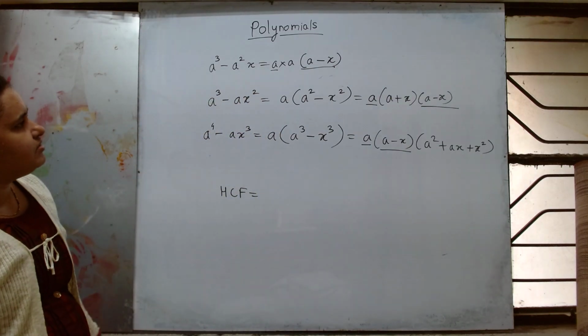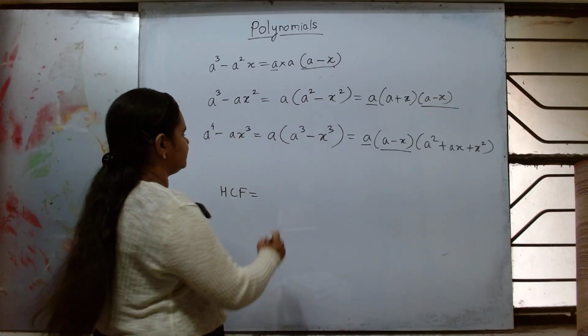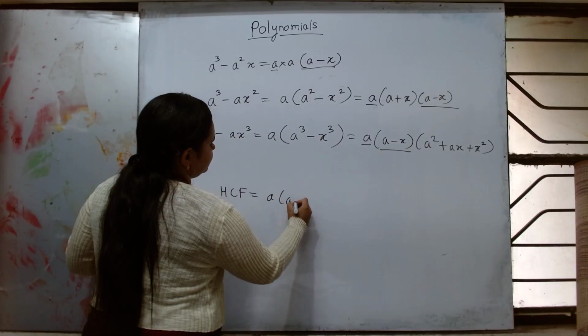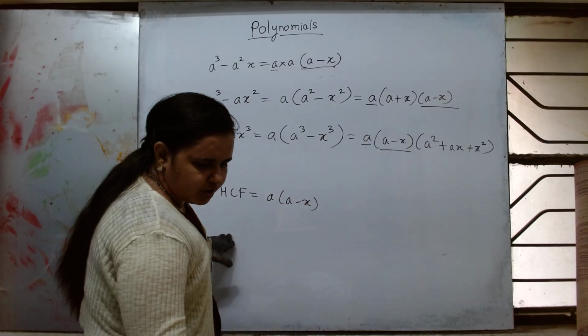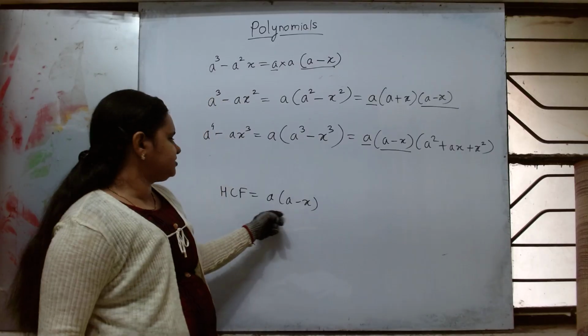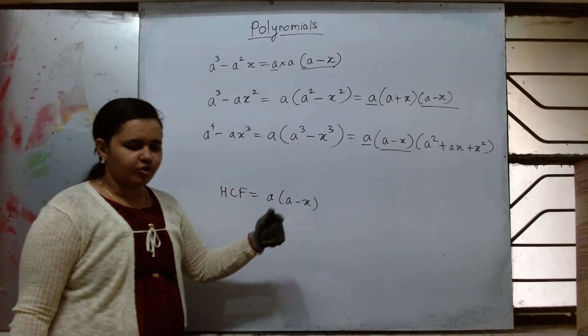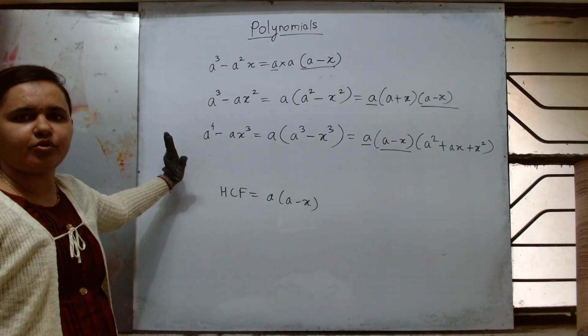And nothing else is common. So a and a minus x are common. HCF will be a into a minus x. So the option is the second one, given in the form a into a minus x. So the second option is the HCF of these three polynomials.